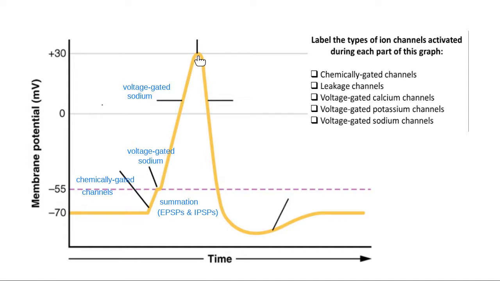Let's start first with the kind of channel that opens to help me send a message. Which of my kinds of channels helped me to send a message? Yeah, the kind of channel whose only job in life was to help me send messages was the voltage-gated calcium channels.